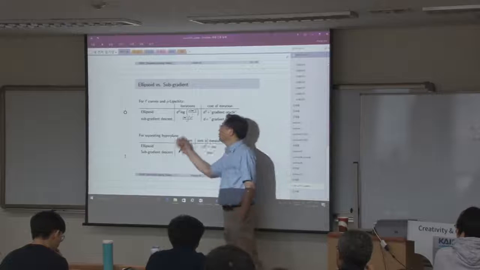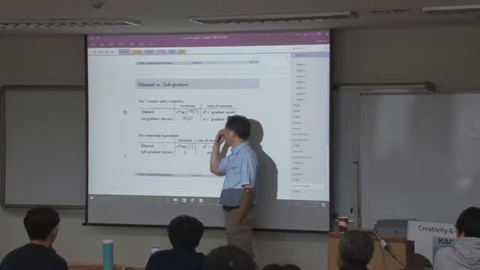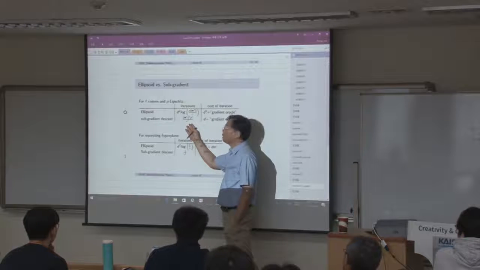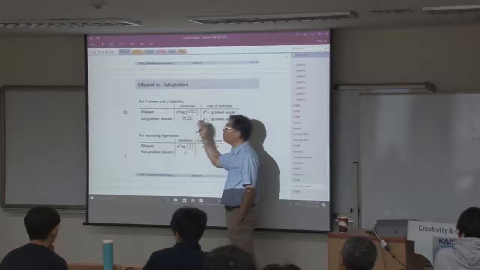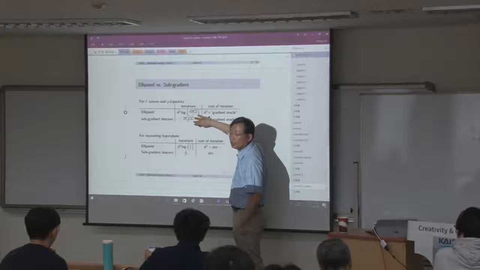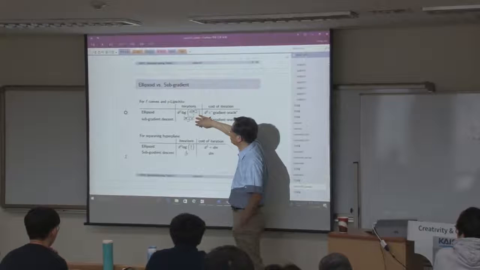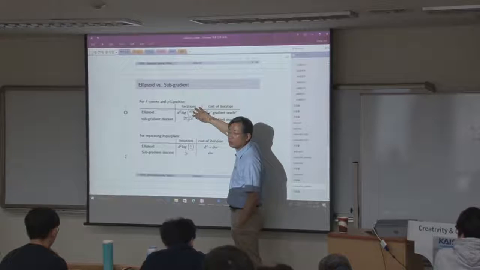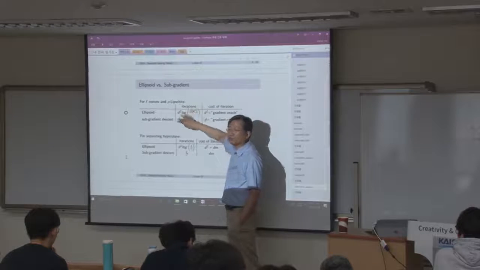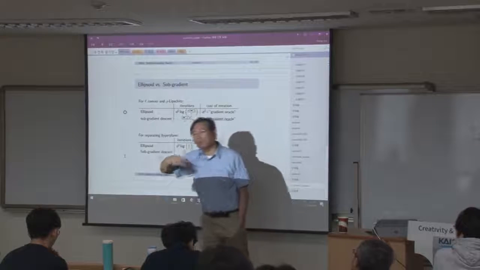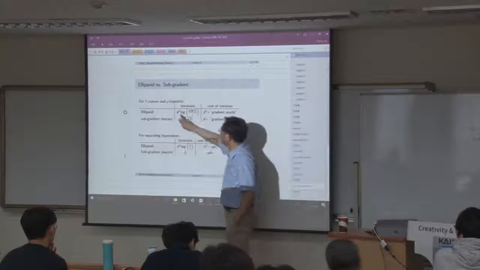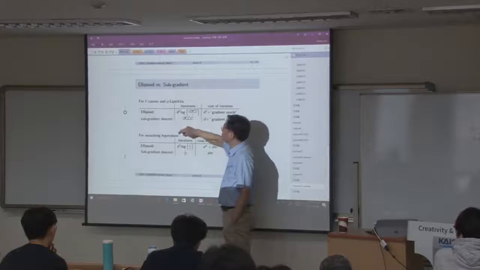Okay. Now, you can see that for the subgradient method the iteration is not a function of the dimension, which is very good. Whereas ellipsoid is a function of the dimension, squared. So if you have big data, meaning high dimension and also lots of data, ellipsoid is no good.